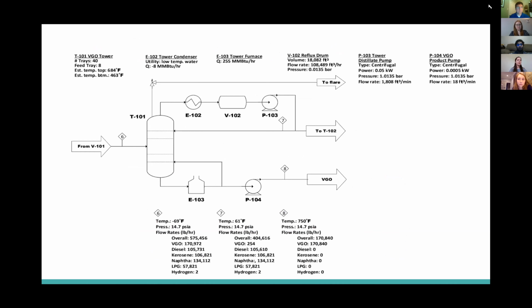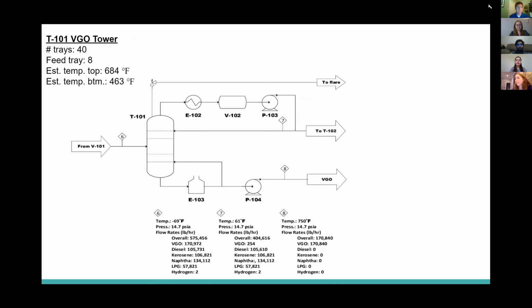This tower has 40 trays with a feed on tray 8. And as you can see, it separates out our VGO at the bottom. And instead of using a reboiler on this tower, we used a furnace because of the high temperature of the VGO. So the top stream is then fed to the next tower.